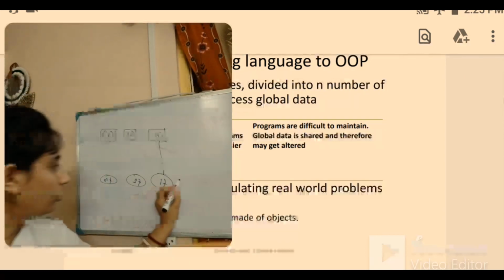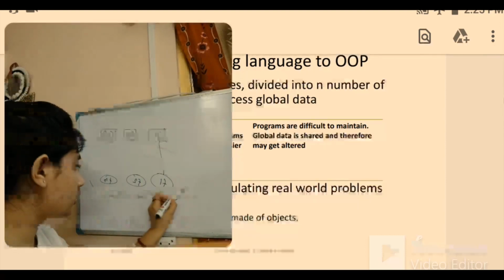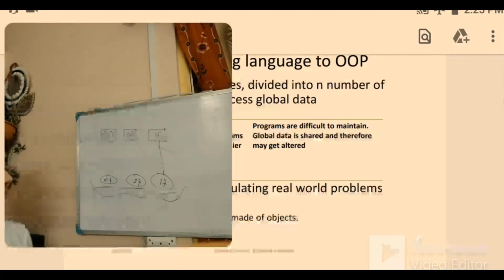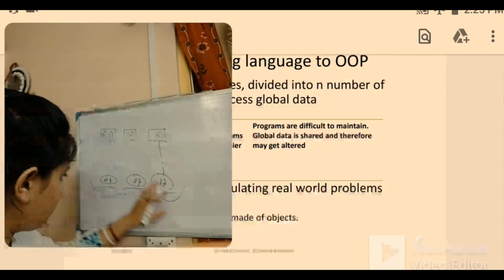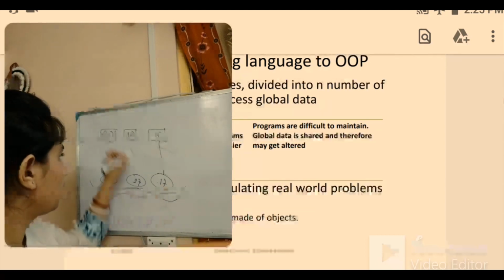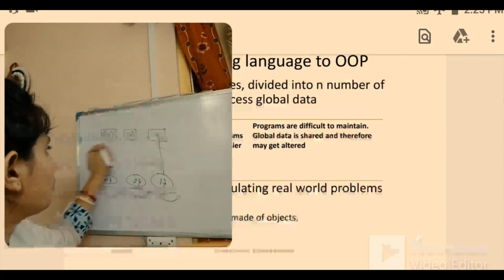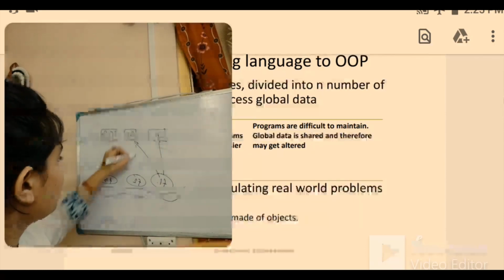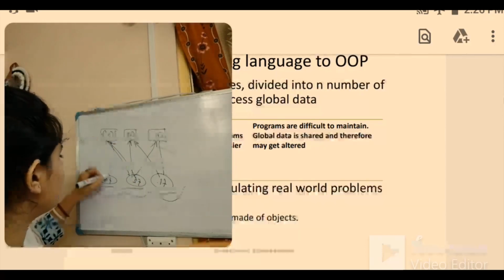You can modularize the program using n number of functions. I am considering these as the modules. But if you want to access the global data, otherwise you cannot, as the functions commonly cannot access anything. So in that case, you have to make some global data with unrestricted access.